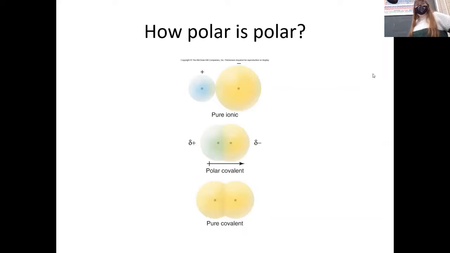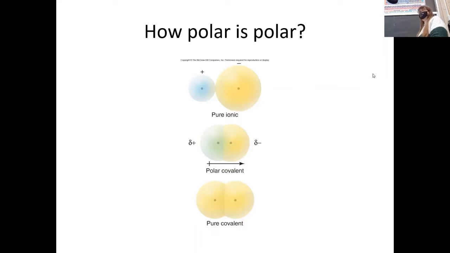If I have a purely ionic interaction, remember I'm just attracting a positive thing to a negative thing, and there's not really any sharing in between. And so what we would say about the electrons is that the electrons spend all of their time around the anion, and the anion would be the more electronegative because the anion is going to be the nonmetal.